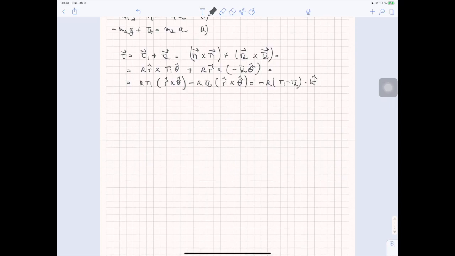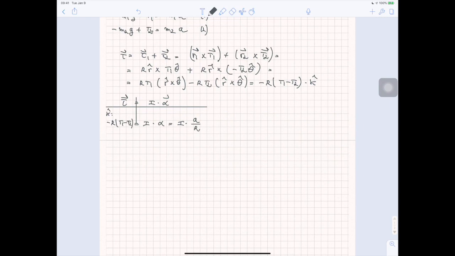All right, so now it is very simple to formulate the dynamic equation. Torque equals the moment of inertia around the center of mass times alpha, the angular acceleration. Please keep in mind this is a vector equation in the k hat direction. So then we have minus r (T1 minus T2) equals I, let's leave this like that, times alpha, equals I times A over R.